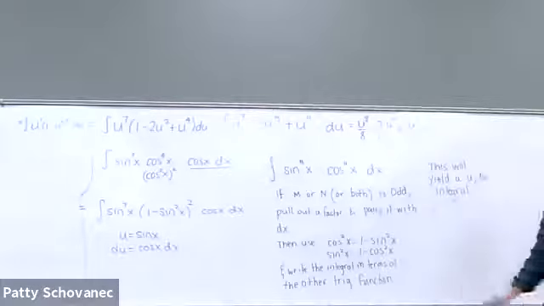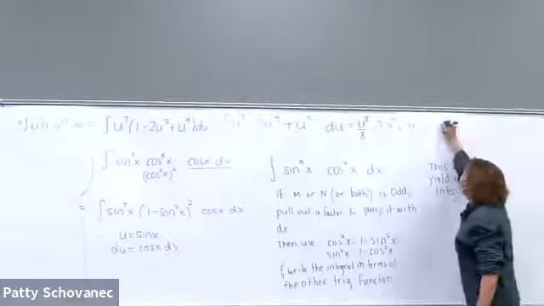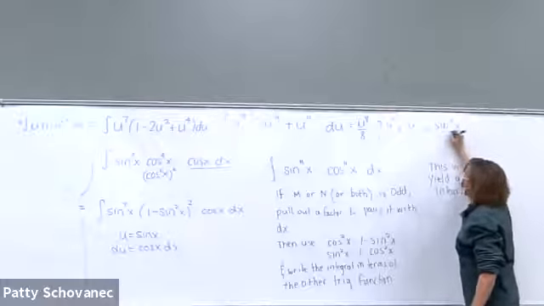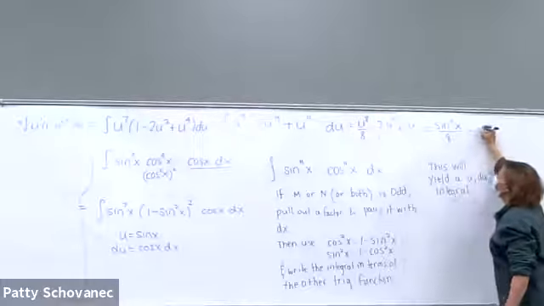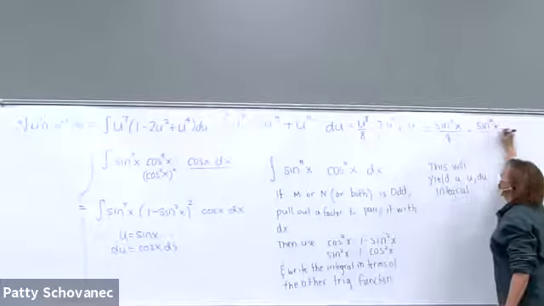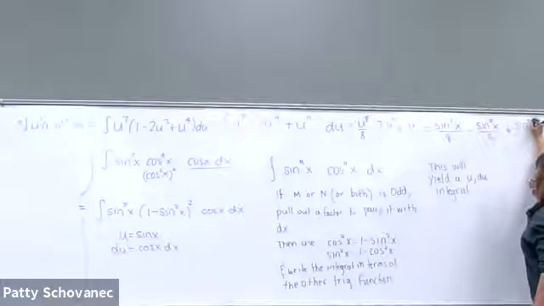And each u is now a sine of x. So our final answer is the sine to the 8th of x over 8, minus sine to the 10th power of x over 5, plus the sine to the 12th power of x over 12.